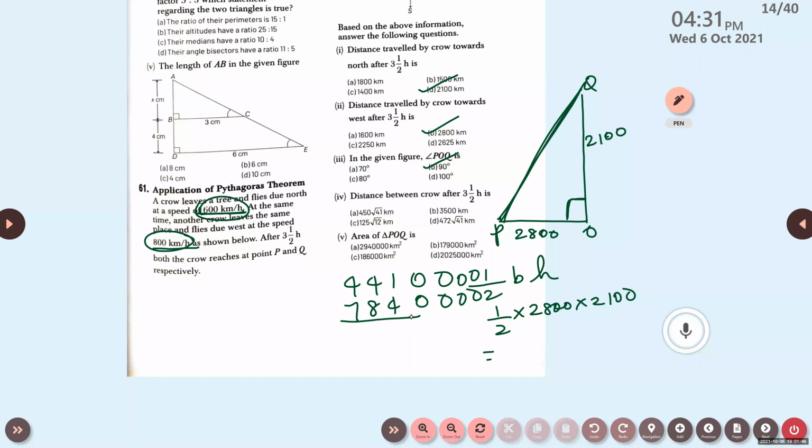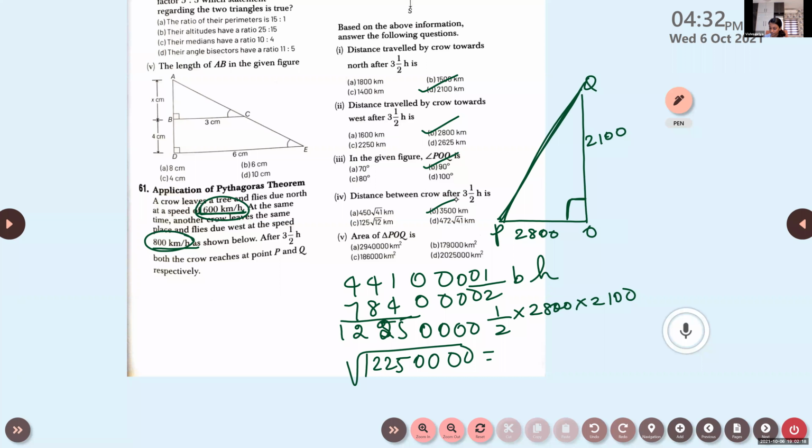When you add this, it is 1225, followed by 4 zeros. Then take the square root of 1225 followed by 4 zeros, and we'll get the answer. The answer is option B.